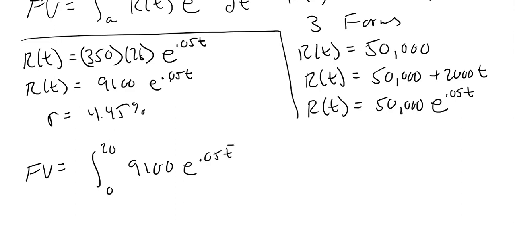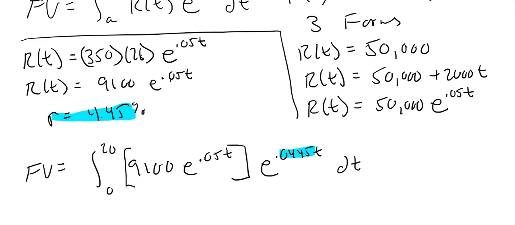I'll put that in brackets just for now. That's your revenue function times your e to the 0.0445t dt. So this is coming from your interest rate. And of course, this is your revenue function.